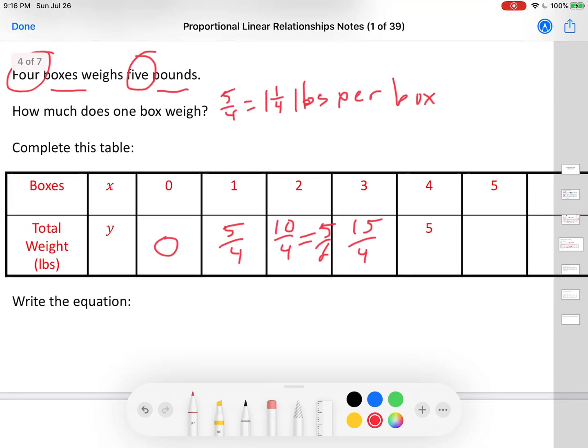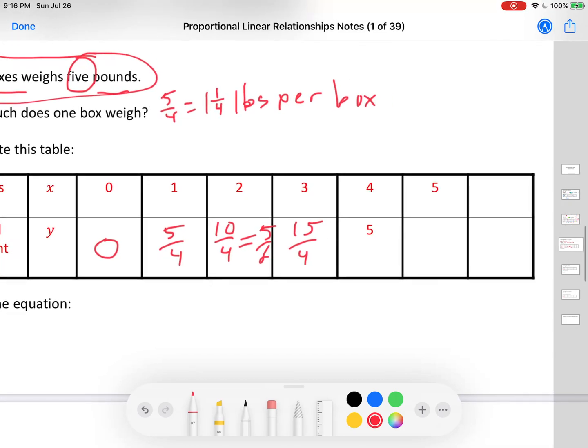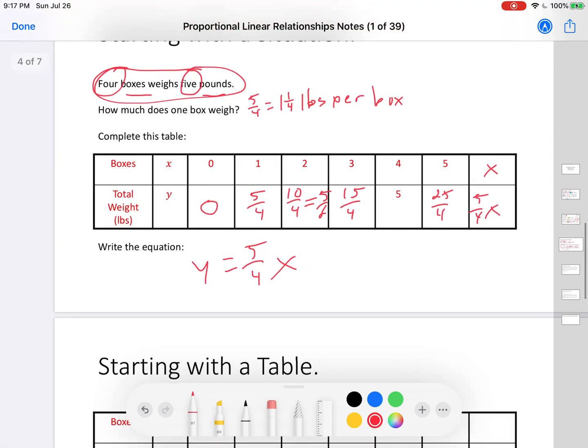I just don't bother. 4 boxes is 5 pounds. That already says that up here, so I don't need to do any calculations. 5 times 5/4 is 25/4, which again doesn't simplify. So what did we multiply each time? So if this is x, then this is 5/4 x. Y equals 5/4 x. See how simple?